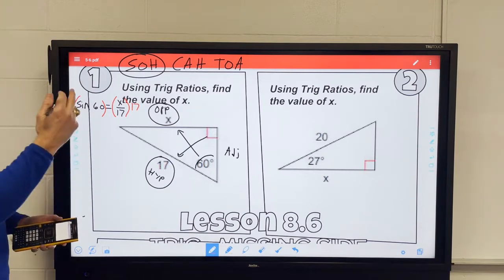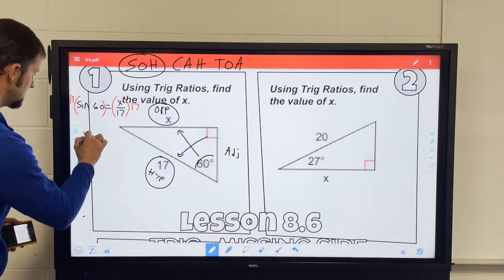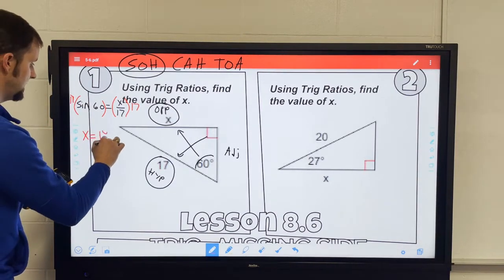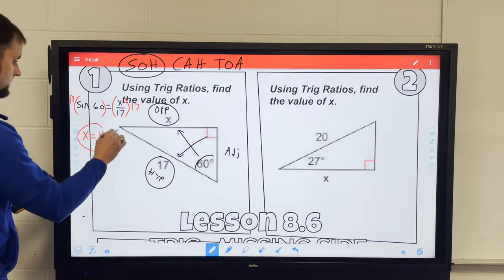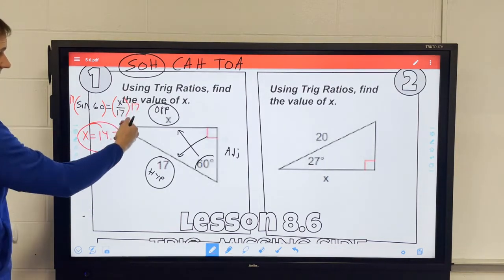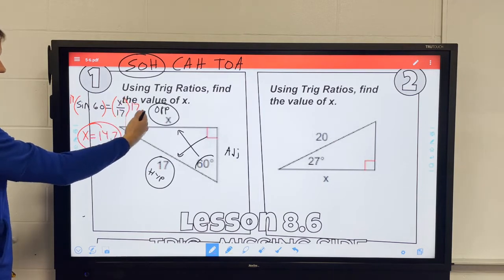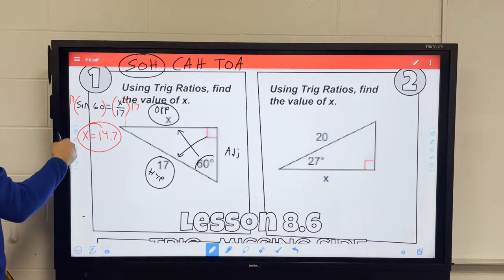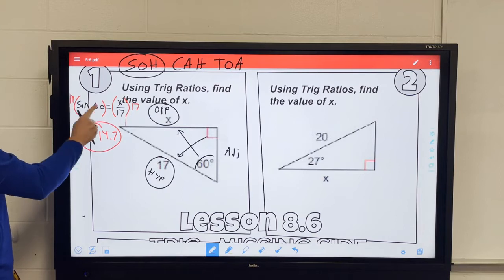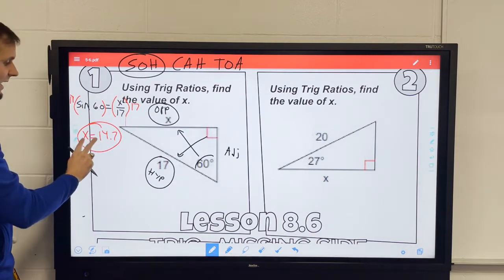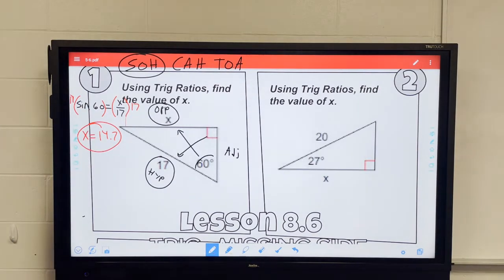But I'm going to keep it at the tenths place. So x is going to be equal to 14.7. So again, I'm dividing by 17, so I multiply by 17 on both sides. So I multiplied 17 times the sine of 60, and that ended up giving me my missing side, okay?